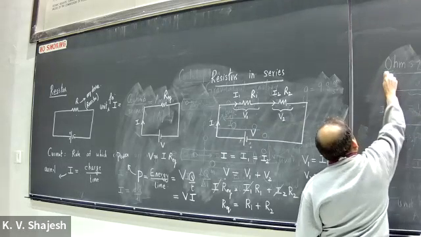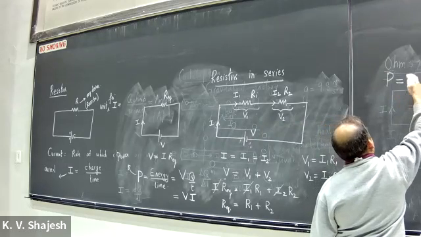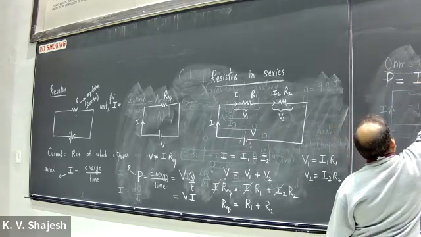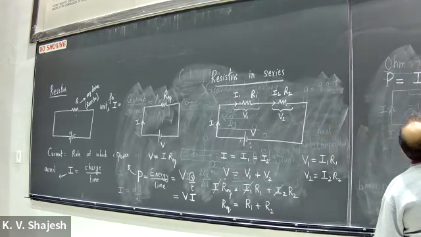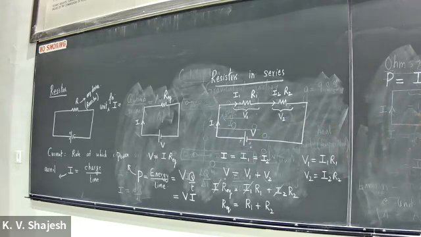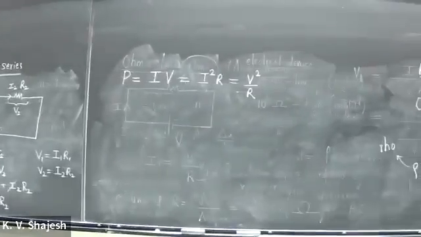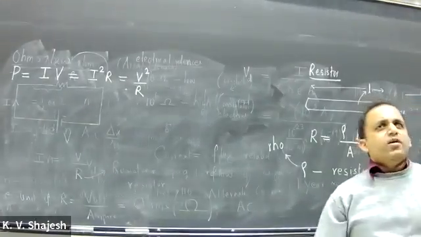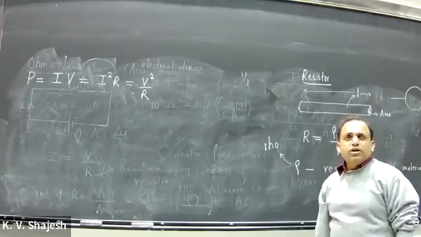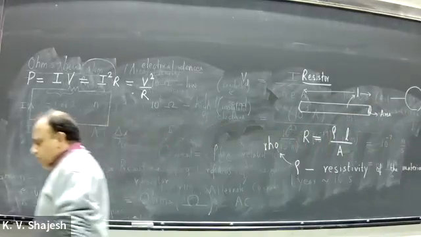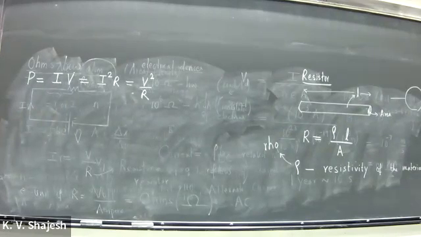The power is current times voltage. Replace V with IR, that's also I squared R, or it is also V squared over R. Either way, like a capacitor, you can talk in terms of charge and capacitance, or in terms of voltage and capacitance, or half C V squared. So that tells you how much energy is lost per unit time.